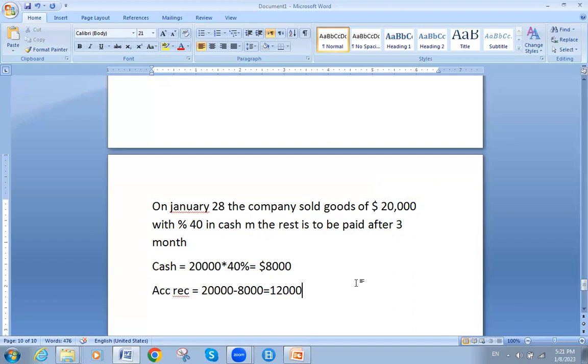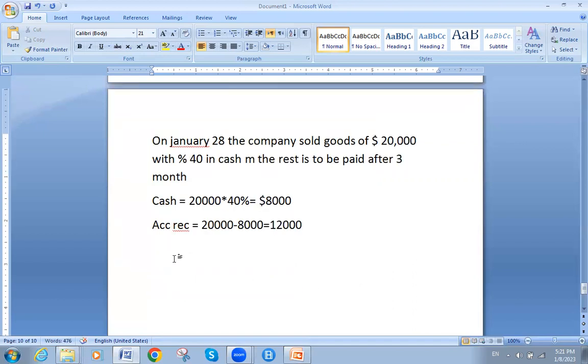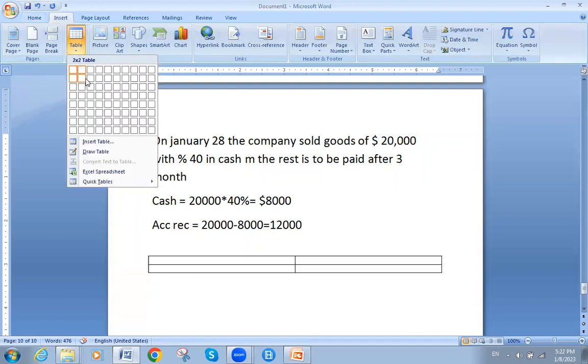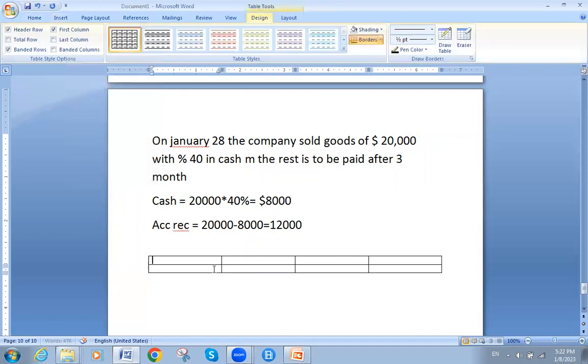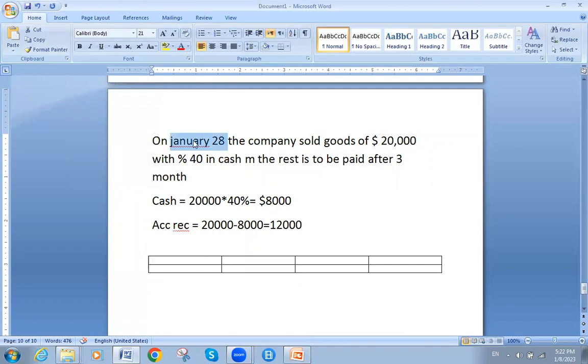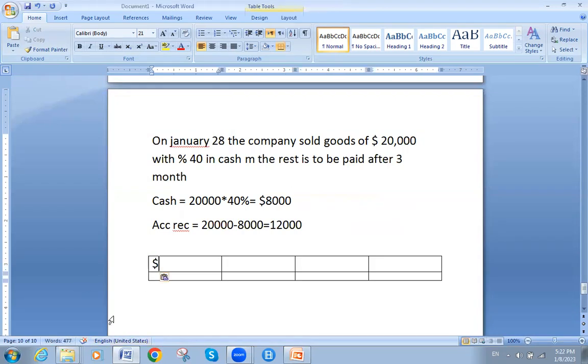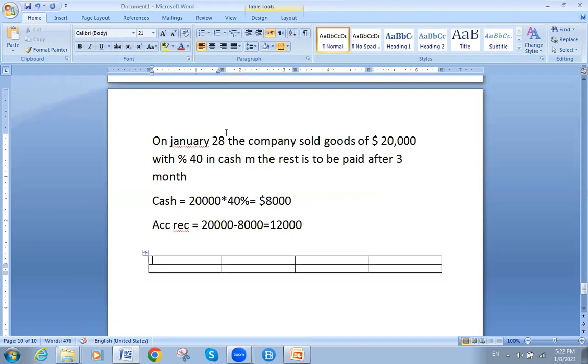So in this case, I will do it like this. Insert table. Here we go. Then I will do like this. Jan 28. The date is here. Then, sorry about that, Control V. Oh, we didn't take all of it. That's right.